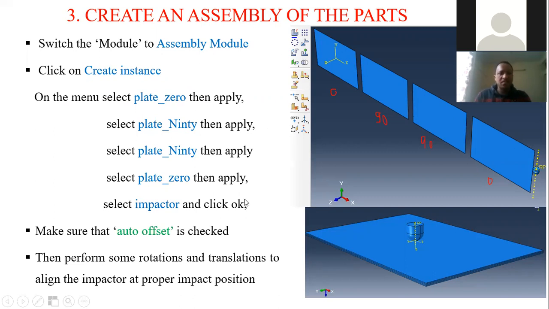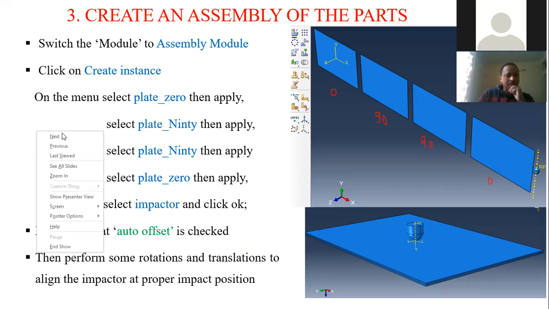That is the third step. So we have to switch to the assembly module, click on instance, then select plate 0, apply, select plate 90, apply, select plate 90, apply, because our plies are symmetric. It is a symmetric layup, so it is arranged as 0, 90, 90.